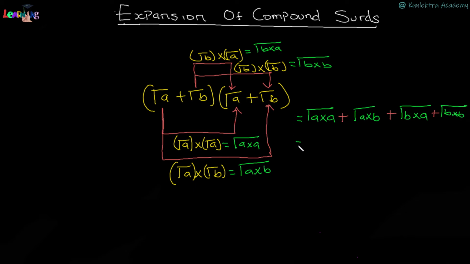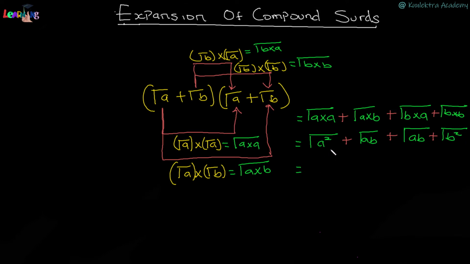I hope you understand what I'm doing. Now you have A times A is A squared, plus A times B is root AB, plus B times A, we can still call it root AB for uniformity, plus B times B, we call it B squared.